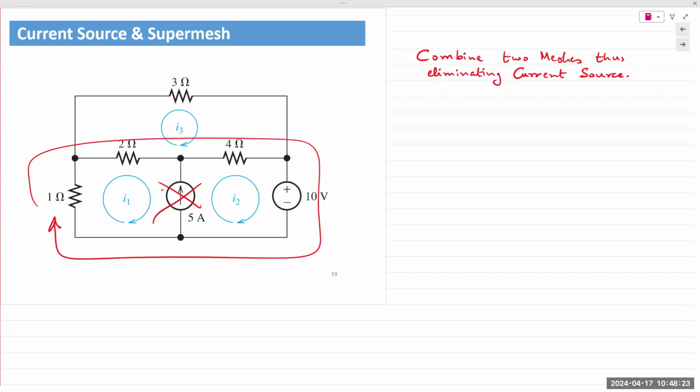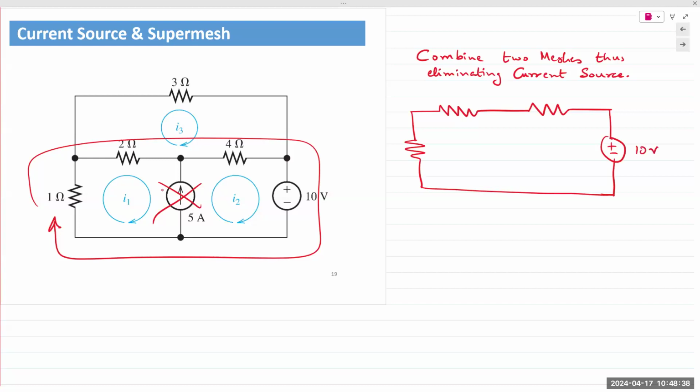So if we combine the two meshes, what do I have? I have two resistors on top, one on the left, and then I have a voltage source on the right. And here's the application.